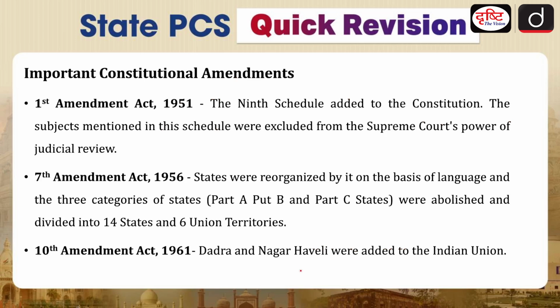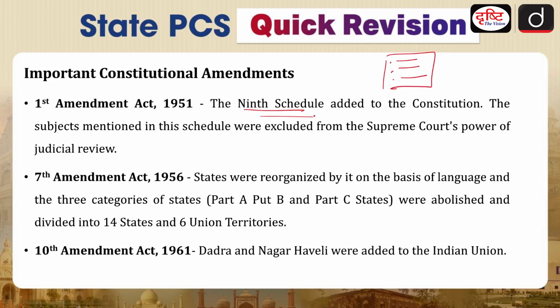The First Amendment Act 1951 introduced the Ninth Schedule. The Ninth Schedule was added to the constitution, and the subjects mentioned in this schedule were excluded from judicial review. So if something is put into the Ninth Schedule, the Supreme Court cannot decide on it, or judicial review of those elements will not be done.